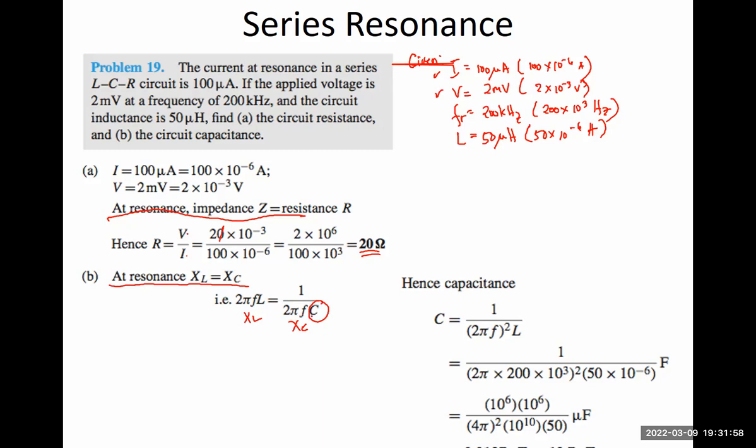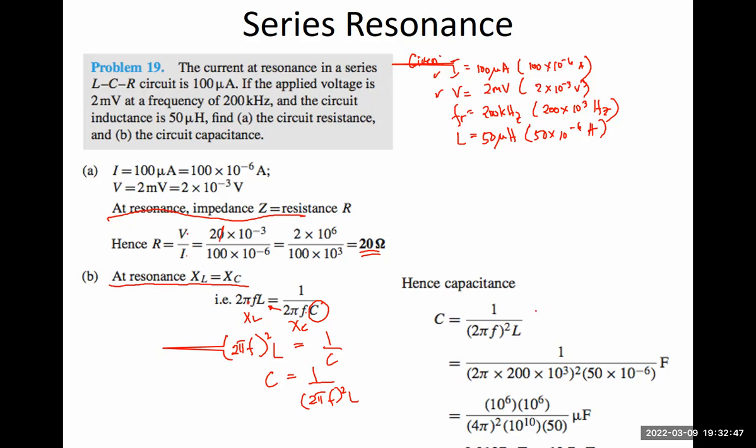So if we are going to equate them, we could now determine C. So that will now be 2 pi f squared multiplied by L, and that is 1 all over C. So therefore, your C now would be equal to 1 all over 2 pi f squared L.